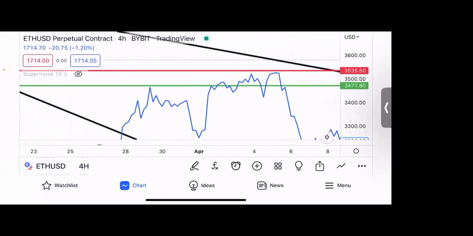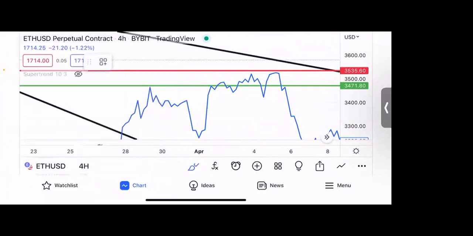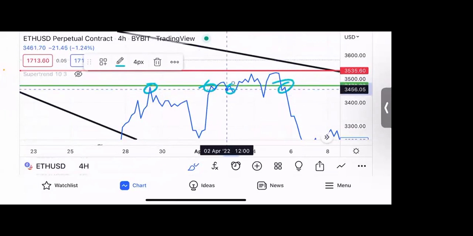So the reason why I put this here is because I see a touch right there. You see that? I see a touch right there. I see another touch right there. See another touch right there.